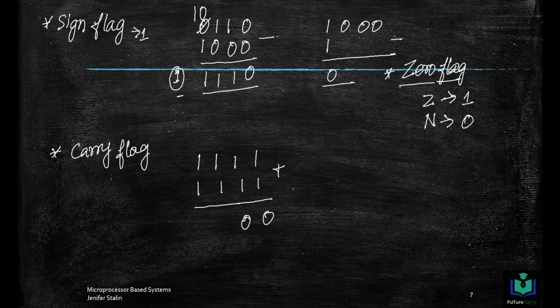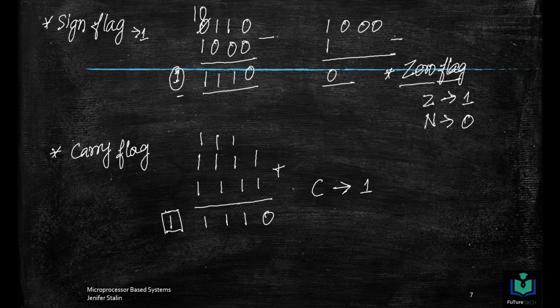This becomes 1, this one becomes 1 again, 1, 1, 1. So 3 ones added gives you a carry, which is 1. So these two numbers resulted in a carry, and for this, the carry flag is set.